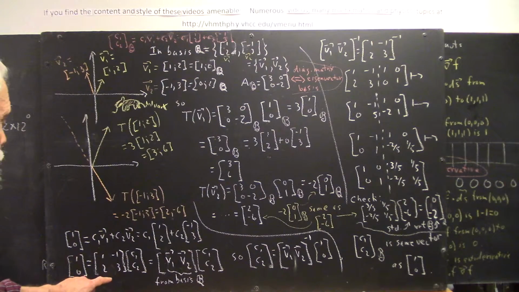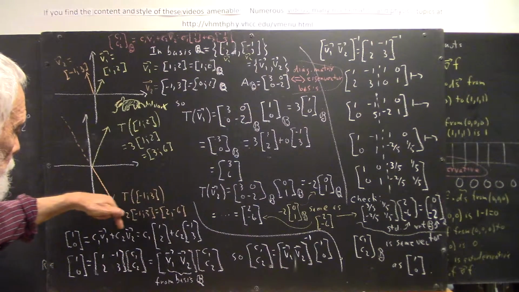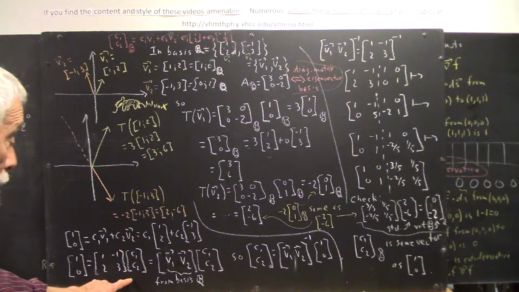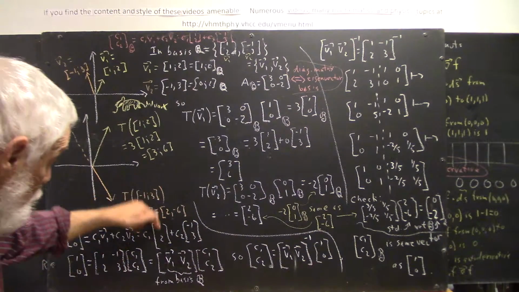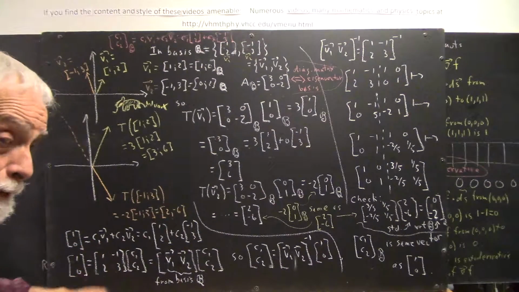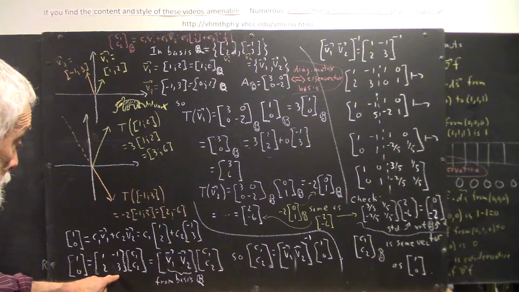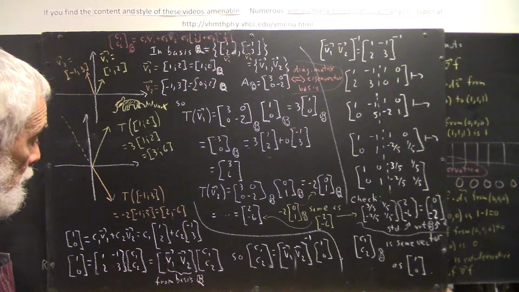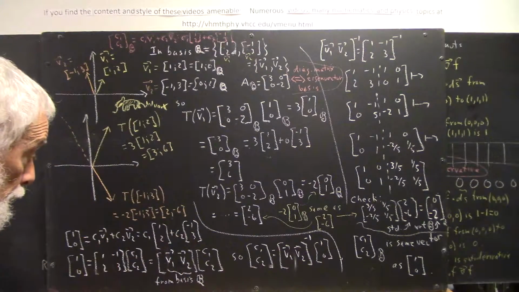Now, since saying that this vector is a sum of multiples of these two basis vectors is the same as this equation, we see that the two basis vectors appear as the columns in this matrix. So I can call this the matrix v1, v2, where we express v1 as a column, v2 as a column. Right there they are as columns.